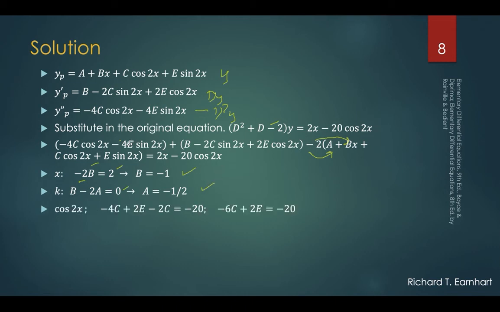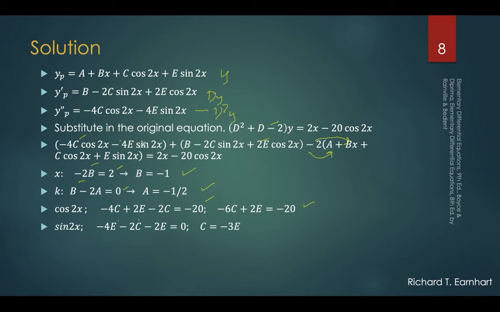For the cosine function, this is negative 4c. You have 2e. And then negative 2 times c. Okay? And then on the right-hand side, the coefficient is negative 20 for cosine. And that gives you negative 6c plus 2e equals negative 20.